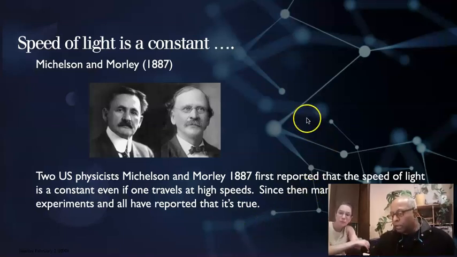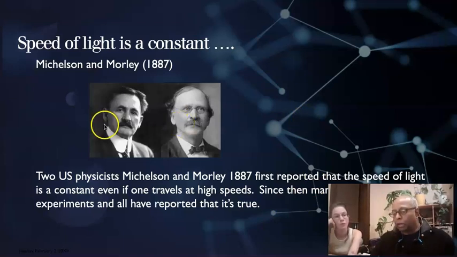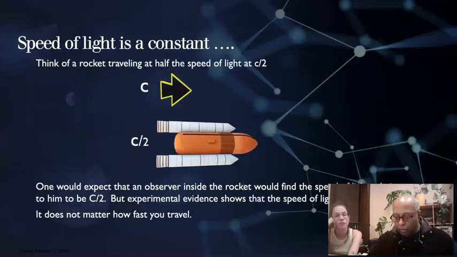That was answered. They made much better and better experiments, and still the speed of light came out to be constant. So that was another problem that came about.